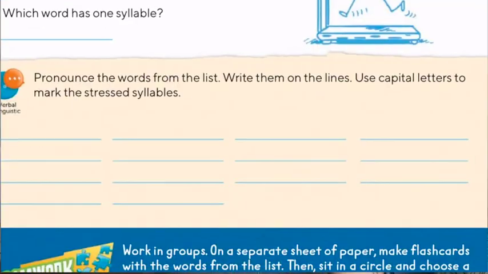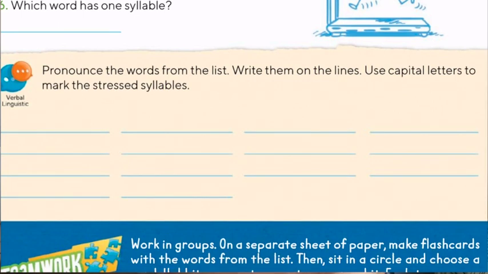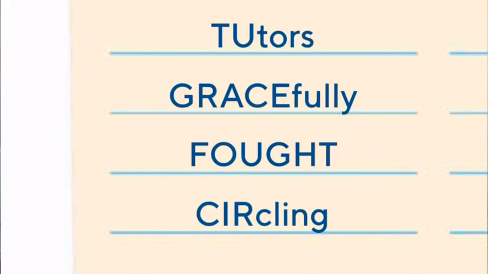All right? It says, pronounce the words from the list. Write them on the lines. Use capital letters to mark the stressed syllable. Okay, class, let's begin with tutors, gracefully, thought, and recycling. Where do you feel that we have the strong syllable on tutors? Tutors. Two, right?